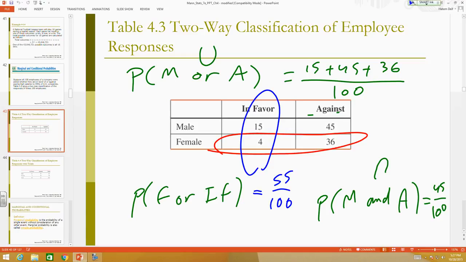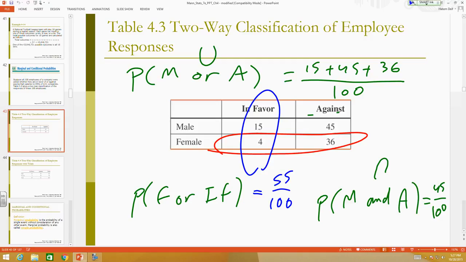Find the probability the person is female or against. Female or against? 85 over 100, yes. Remember, we're selecting one person. It is in both, but it's counted one time.